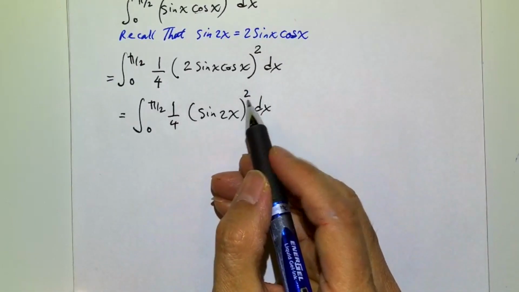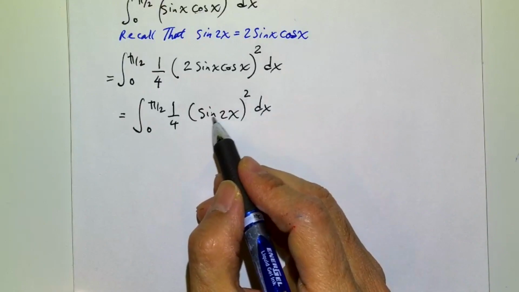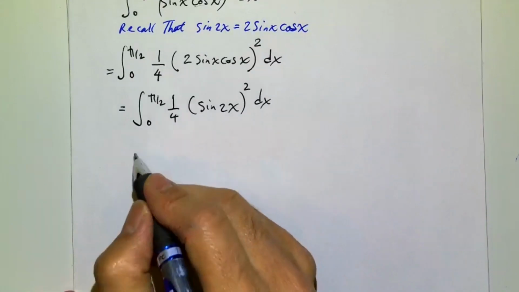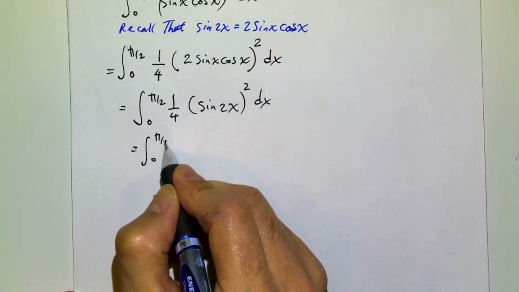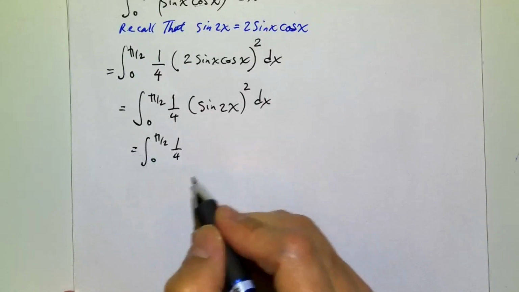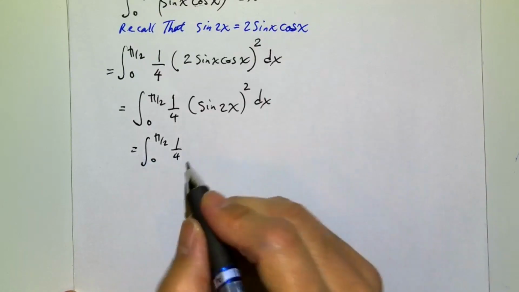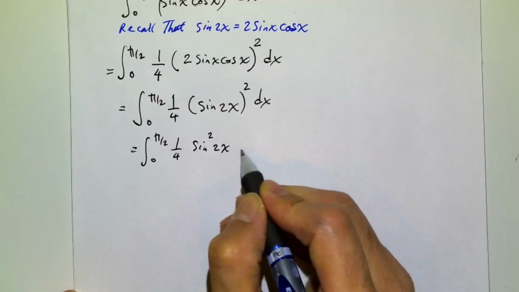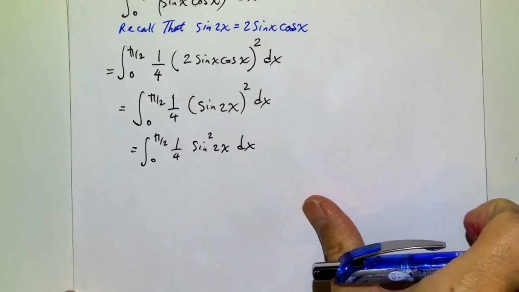And now let's distribute this power into what we have on the inside. So we have 0 to pi over 2 and 1/4. I should maybe put 1/4 out in front, but it's okay. And times sine squared 2x dx.